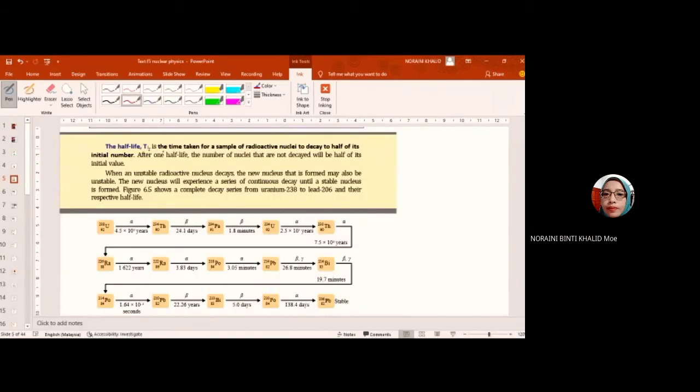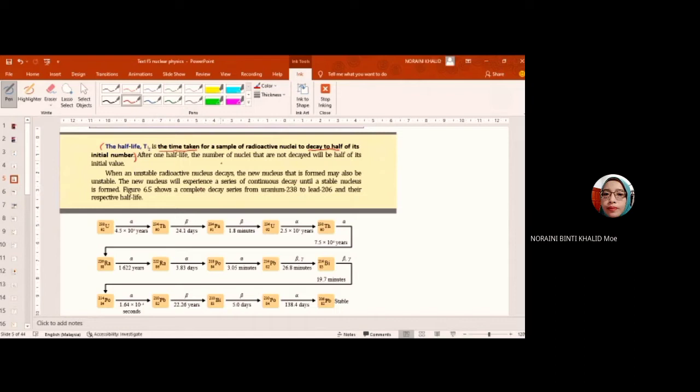The half-life, or T-half, is the time taken for a sample of radioactive nuclei to decay to half of its initial number. Okay, the keyword here is the time taken for the sample of nuclei to decay to half. So we call it half-life.